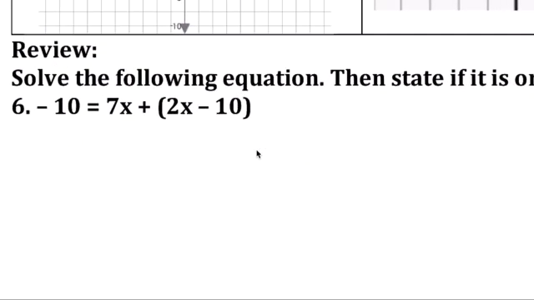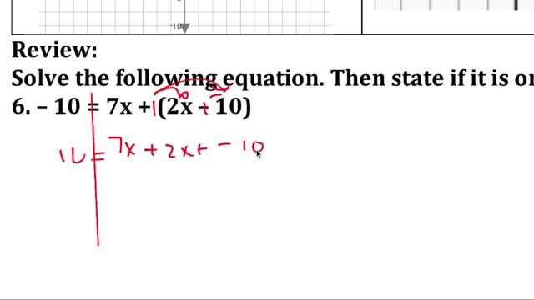Number 6, do additive inverse. If we multiply by a negative 1, it doesn't change anything. So 7x plus 2x plus a negative 10. Combine these two to get 9x. Oh, no x on the 10.